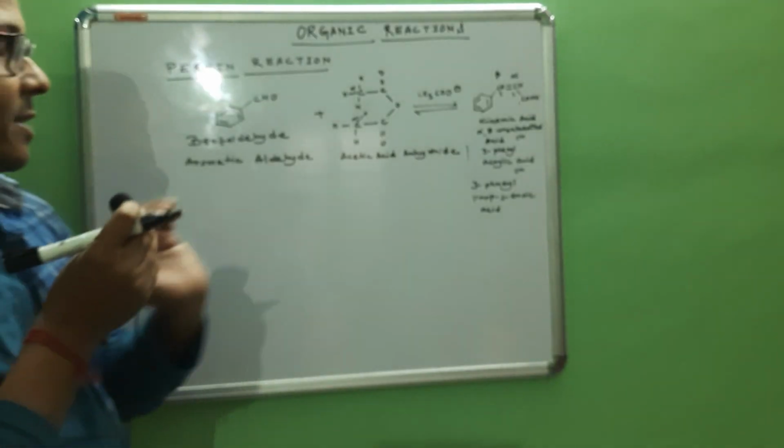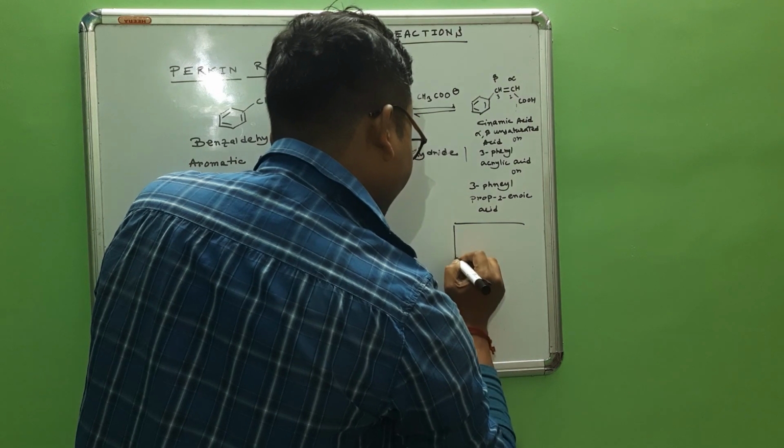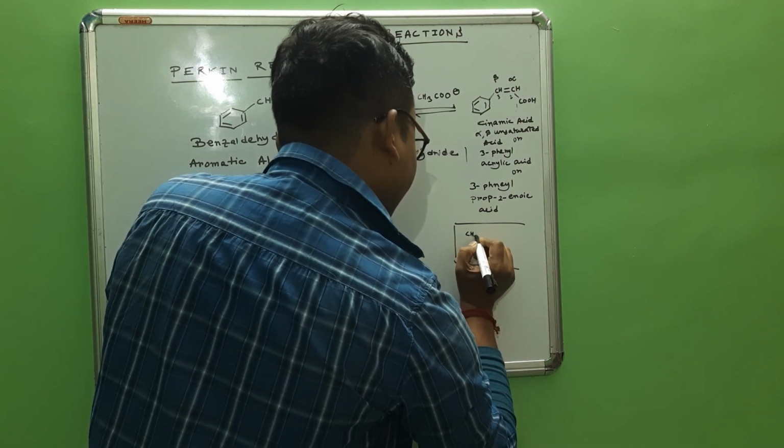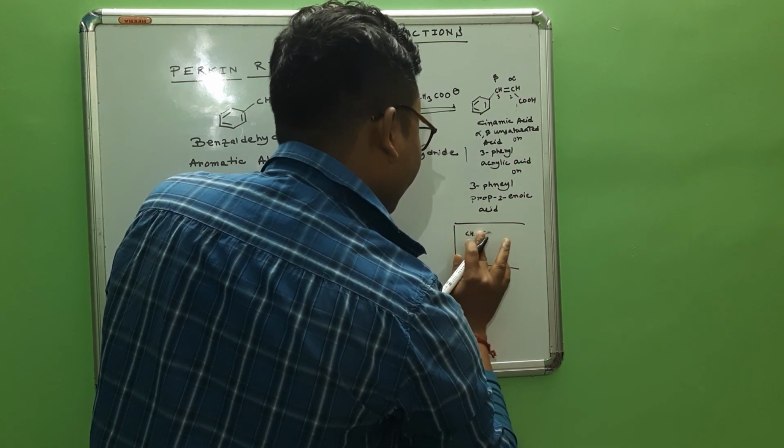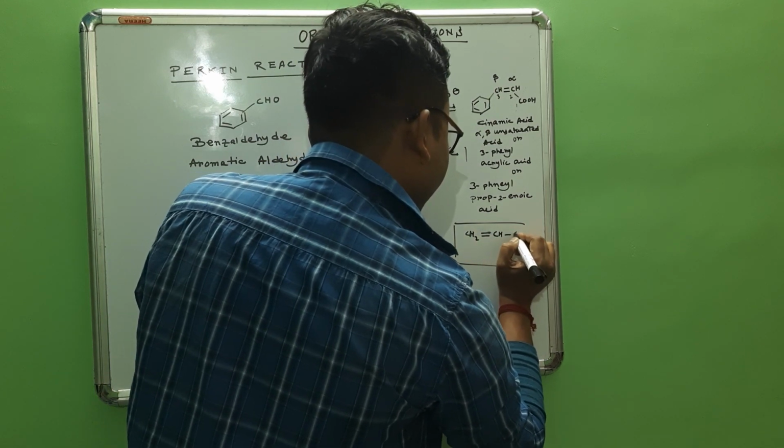Okay, so actually this is the acrylic acid. What is the acrylic acid? CH2=CH-COOH.